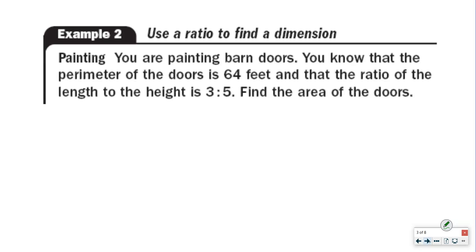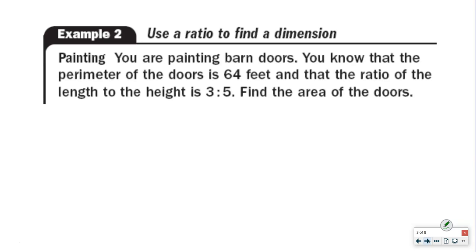So that's kind of like saying for every 3 feet long or 3 feet wide the doors are, they're also 5 feet high. That doesn't mean the width of the door is 3 feet and the height is 5 feet. That's just the ratio, the simplified proportion. And we need to find the area of the doors.